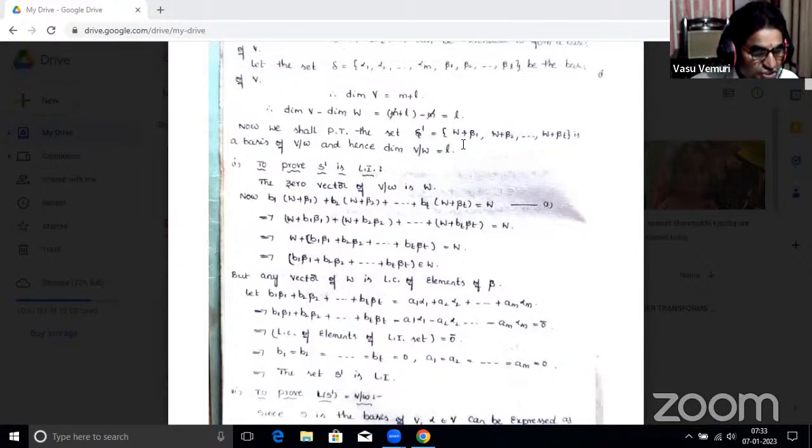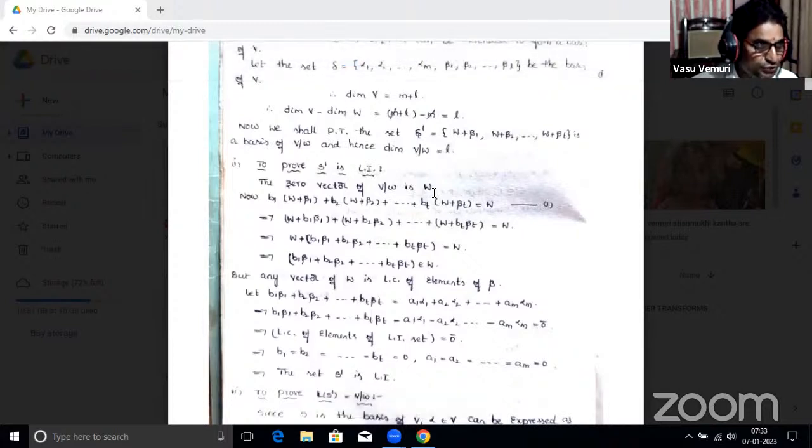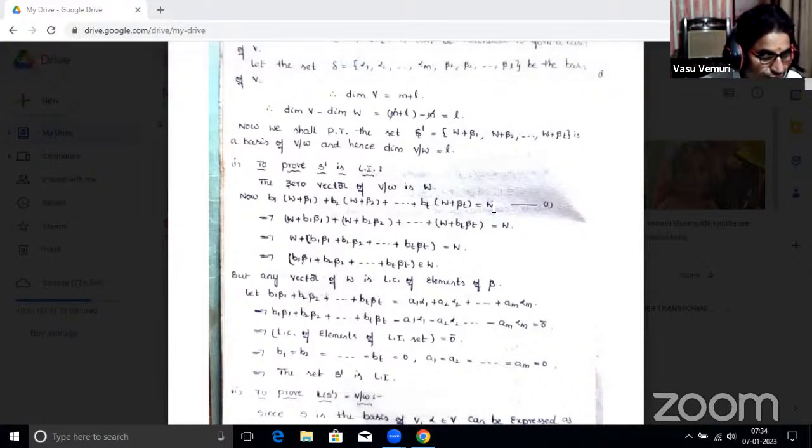The zero vector of V by W is W. That is also one of the properties: W plus 0 bar equals W. Now here, v1 of W plus beta 1, v2 of W plus beta 2, and so on, vl of W plus beta l, equals W.